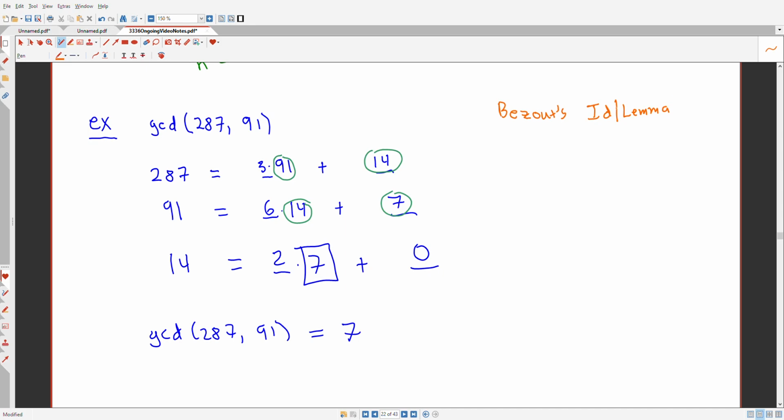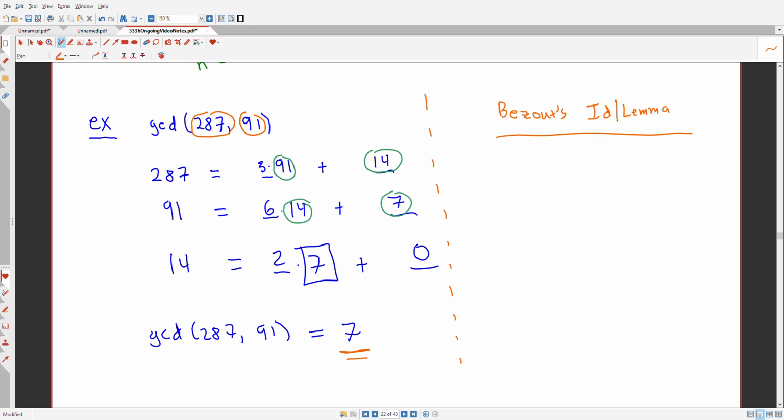And since I have this example here, what I'm going to point out is this algorithm run backwards tells you how to express the GCD as a linear combination of 91 and 287.